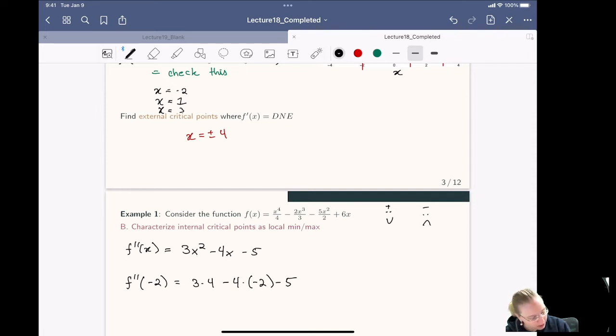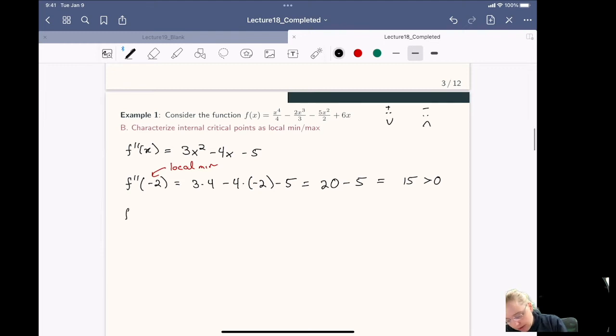If you evaluate this out, you get 20 minus 5, which is equal to 15. This is greater than 0, so this is going to fall into this category here. It's a smiley face, so it is a minima. Local min.